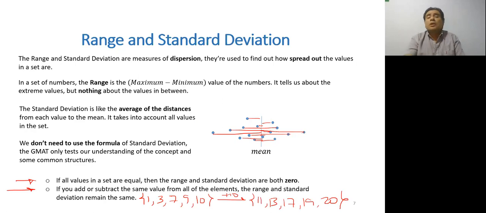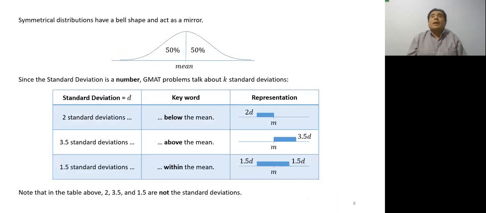Let's see some common structures with the standard deviation that we can meet in the exam. When a problem talks about a symmetric distribution, this represents a very big set of values where you can represent the way elements are distributed according to their values regarding the mean as a bell shape, right? And the area below the bell shape represents the number of elements in each different range of values.